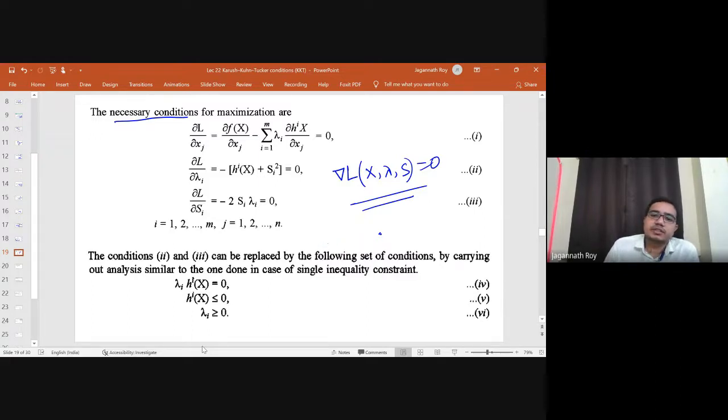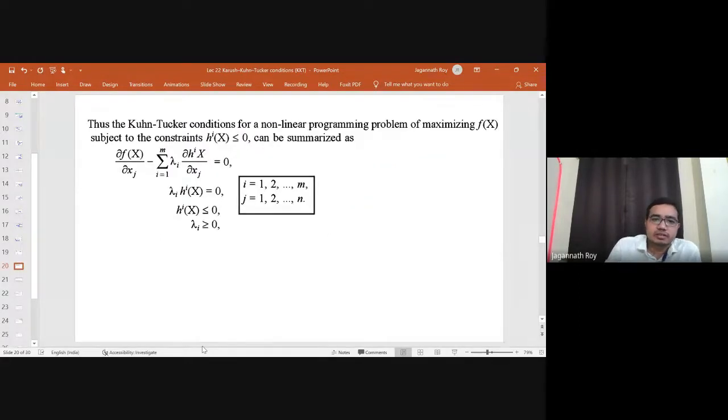And we'll use the same argument and try to find out the Kuhn-Tucker conditions. So if we do that, what will be the final conditions? So these are the final conditions. So lambda i into hi(x) equals to 0. Since this is a maximization, there will be a less than type constraint, and these multipliers will be greater than or equal to 0.